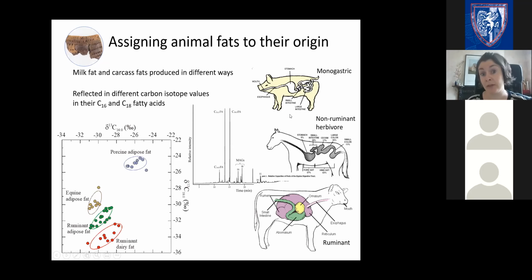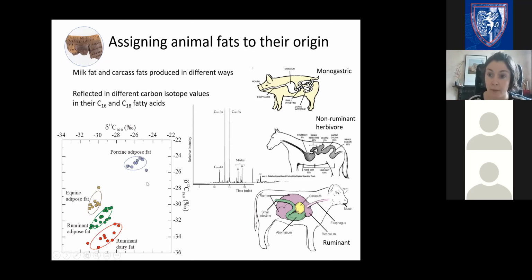That's basically due to how carbon circulates through an animal that has four stomachs versus single stomachs. It was noted in the veterinary world for a long time before it was applied to lipid analysis.